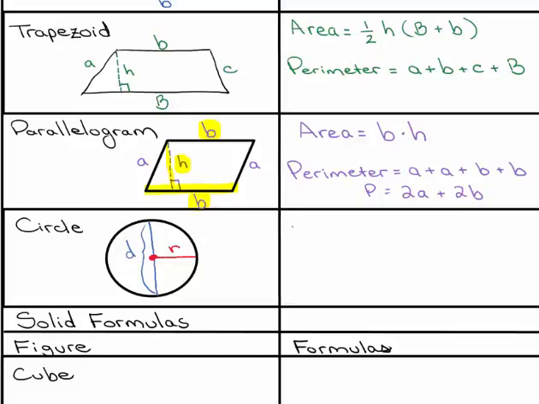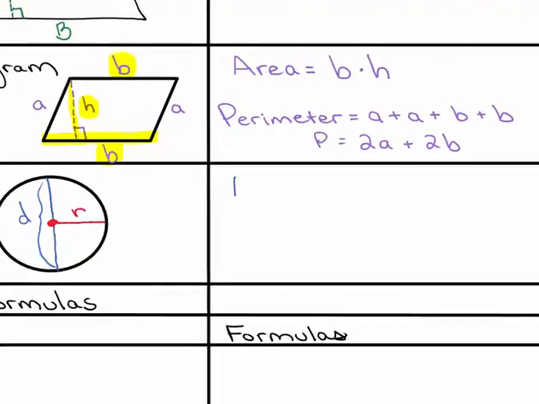So to find the area of a circle, area is going to be equal to pi r squared. Perimeter, well, we don't call it perimeter with the circle. Remember, in our vocabulary or definitions, we said for a circle we call it circumference. So I'm going to make sure I write out that word.